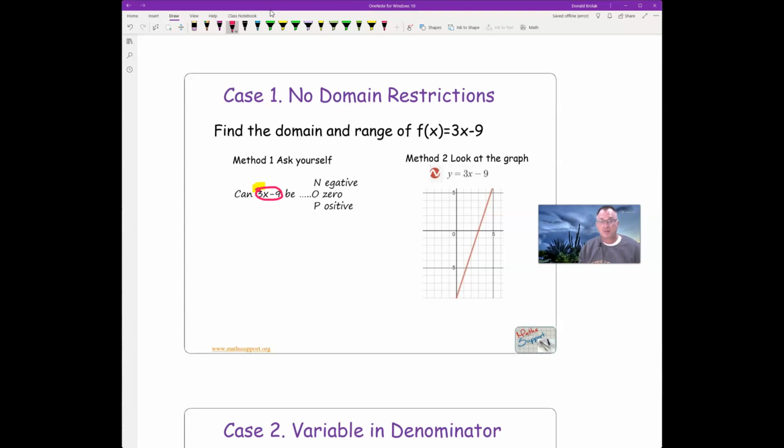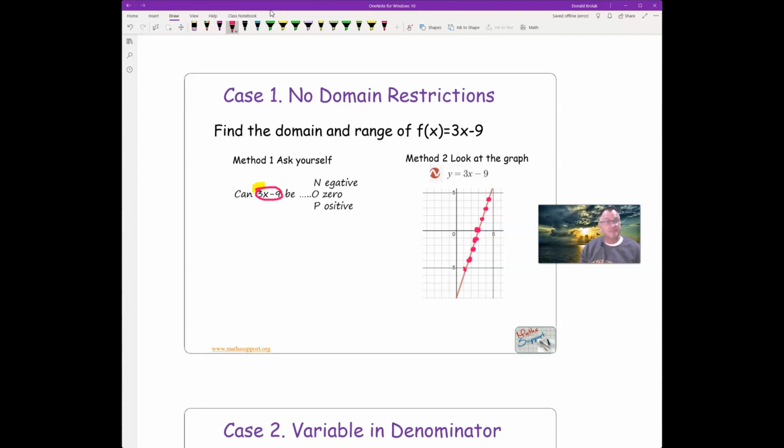Sure. Down here the results are negative for that function. Can the result, after you plug in the x, be zero? Sure, right there. Can the result be a positive number? Sure, right there. So there's nothing that this value can't be, and therefore there are no restrictions on it.